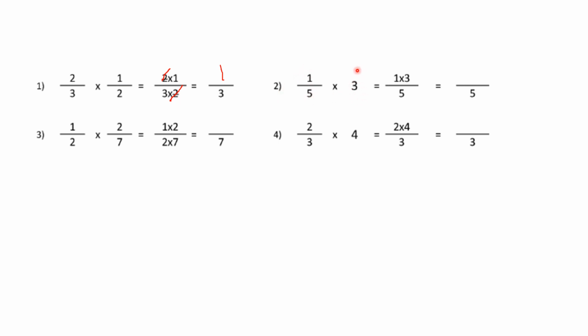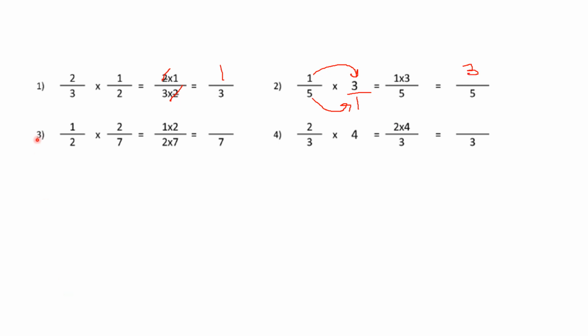Here it's not a fraction. To make this number a fraction, we put it over 1. Then we multiply the numerator by the numerator and the denominator by the denominator. 3 times 1, it's 3, and 5 times 1, it's 5.